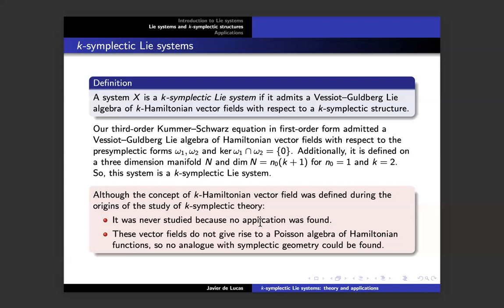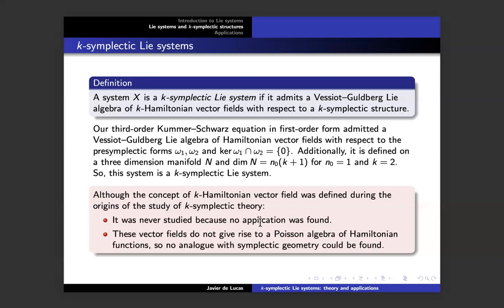They tried to do certain things, but they noticed that they cannot be done because the usual stuff with symplectic geometry cannot be generalized to these vector fields. I mean, in symplectic geometry, you have brackets of functions, and you have a Poisson structure induced by them, with certain properties. But here, remember that a Hamiltonian vector field relative to a k-symplectic structure has k functions.